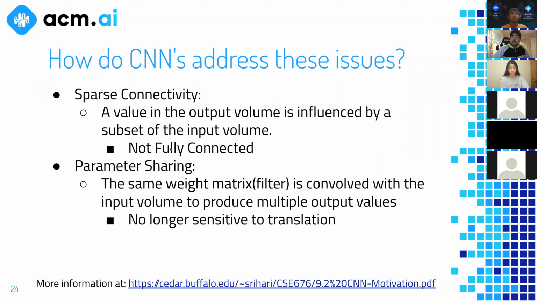In our fully connected layers, each node in layer 1 takes input from every node in layer 0, so it's fully connected. As a result, every node takes in the entire image as input. But with sparse connectivity, we're not doing that anymore.